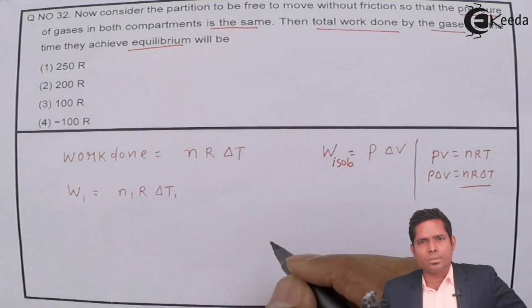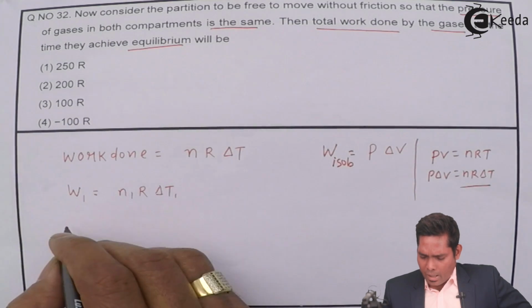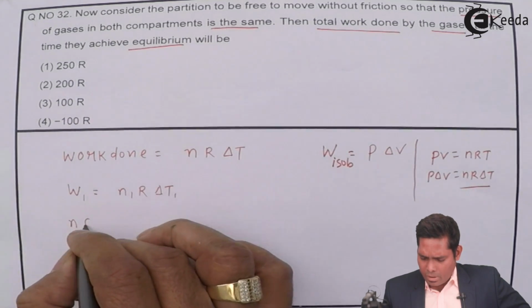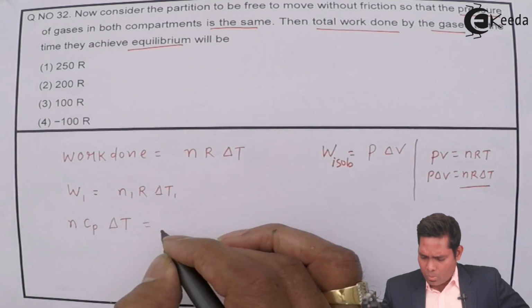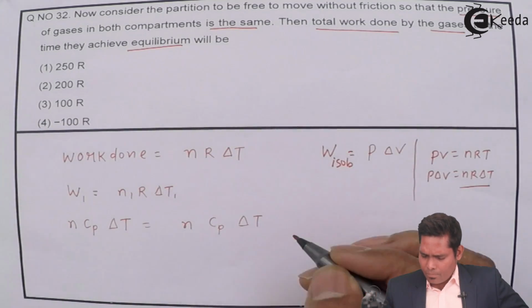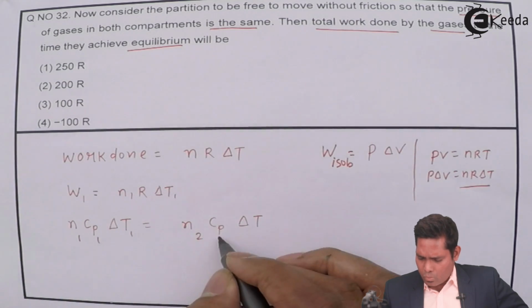So in that case I have a situation like nCp delta T again will be equal to nCp delta T, in the first case it is 1 1 1 here and 2 2 2 here.